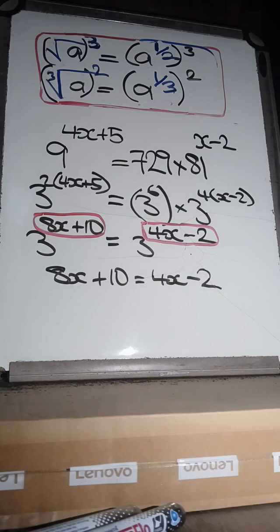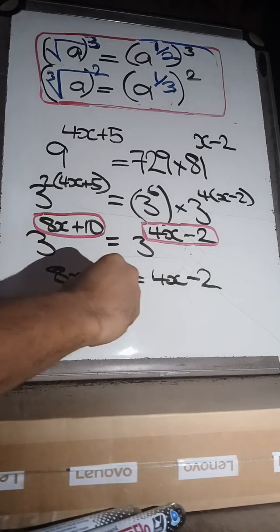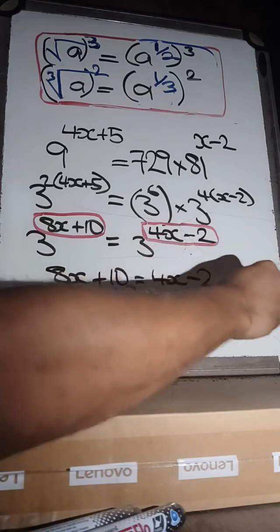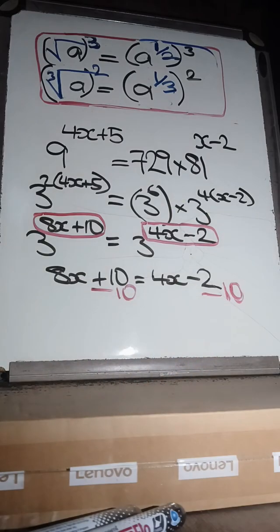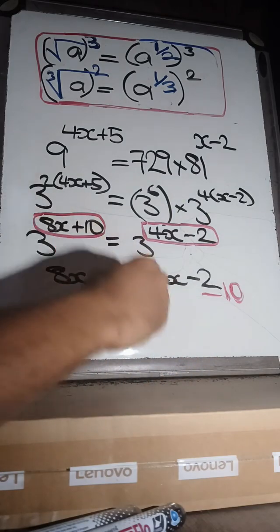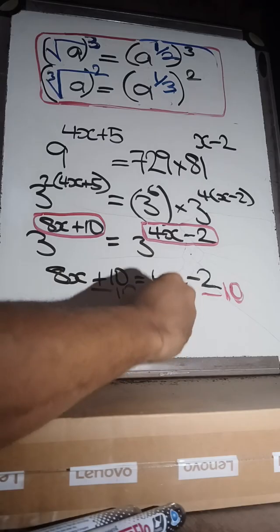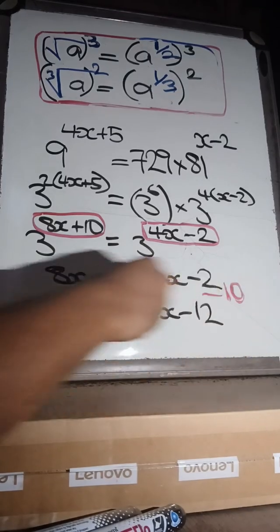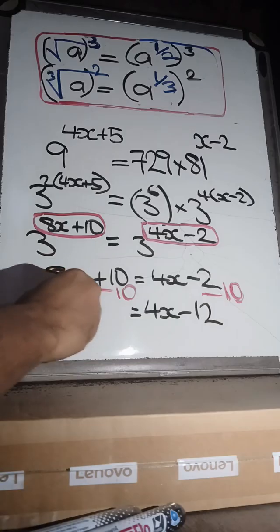We minus 10 from both sides. So that's what now? 4x minus 12 on this side. And then we just have this.